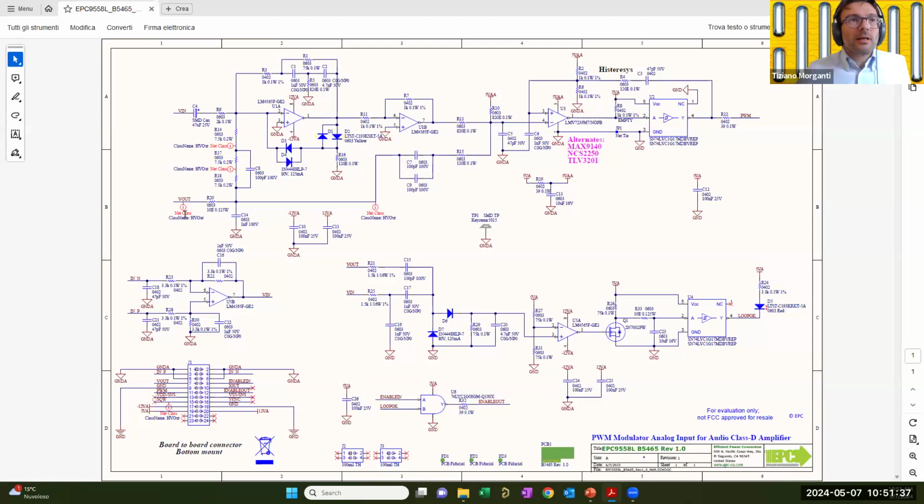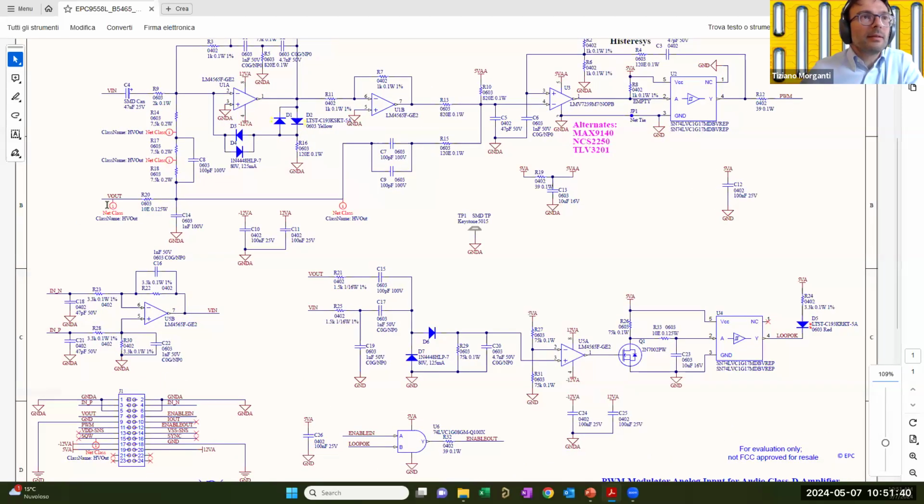Okay, so this is the output voltage. This feedback point is taken directly from the terminal block of the speaker output. So we have a first inner loop, which is going this way. This is a differentiator made by this capacitor and an equivalent load resistor.